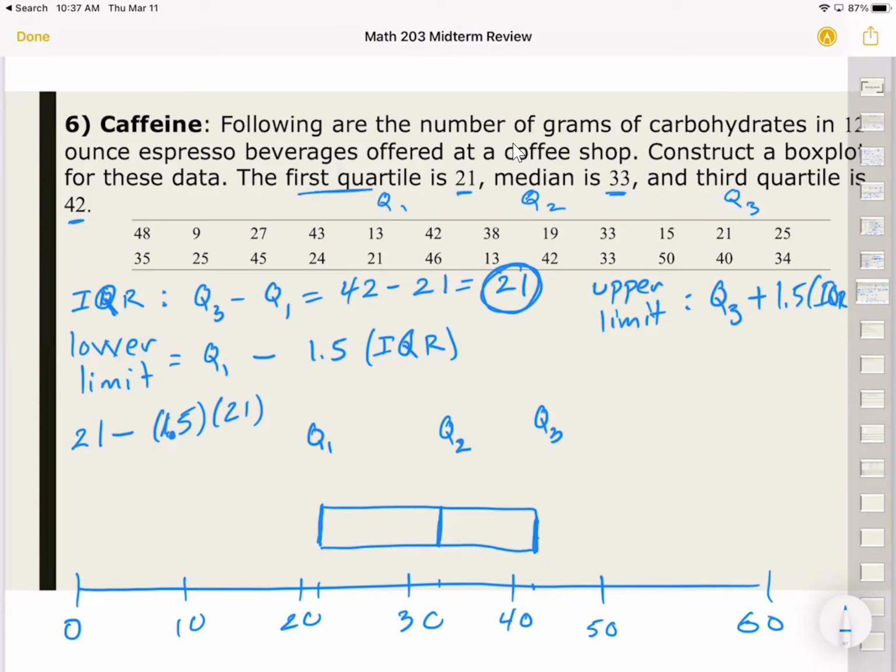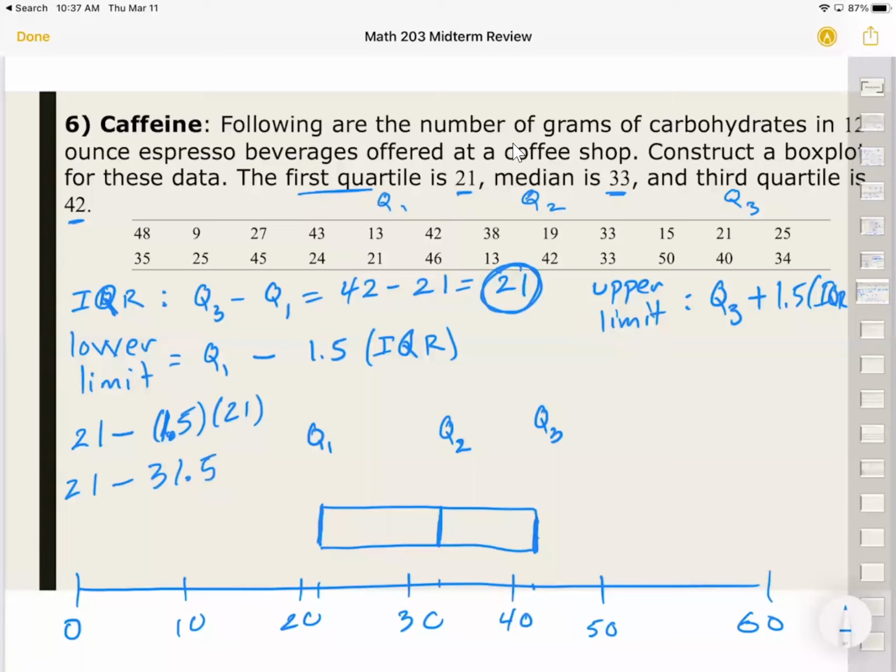So what is 1.5 times 21? Well, 1.5 times 21 is 31.5, ladies and gentlemen. 31.5.